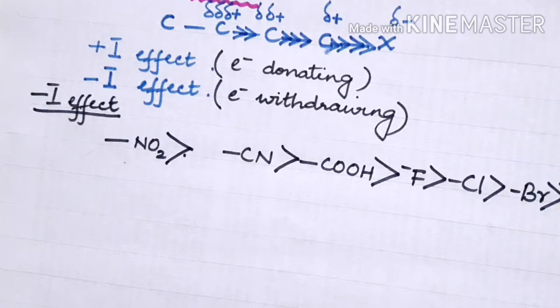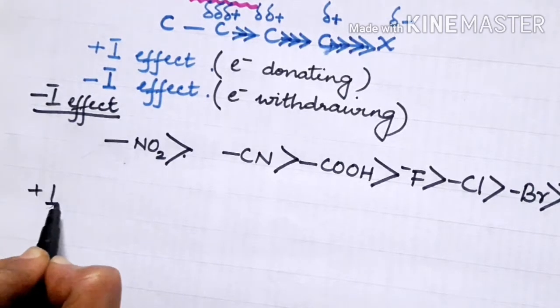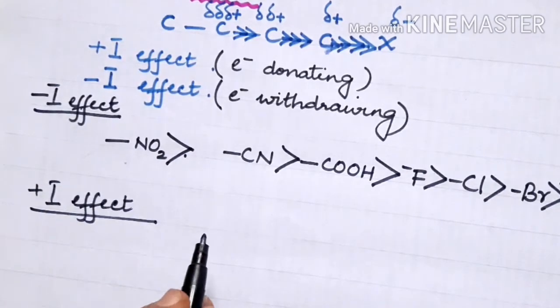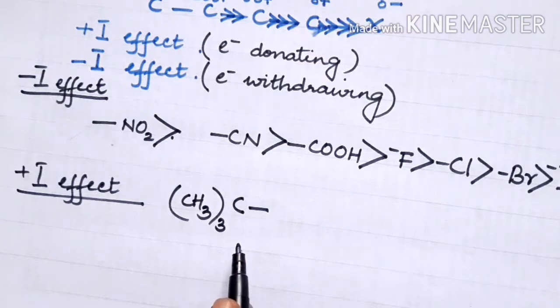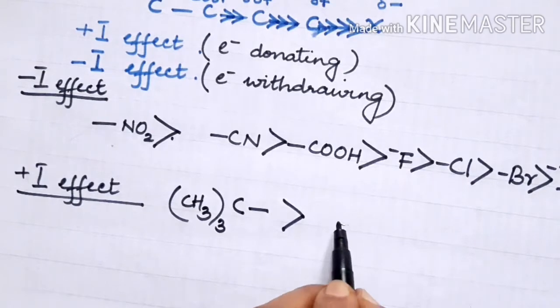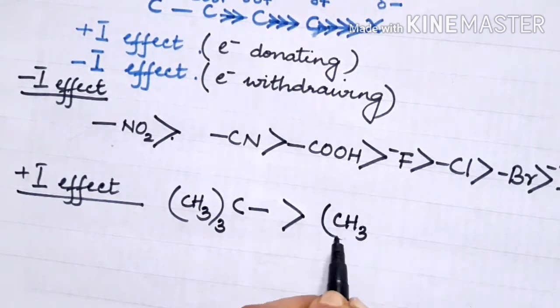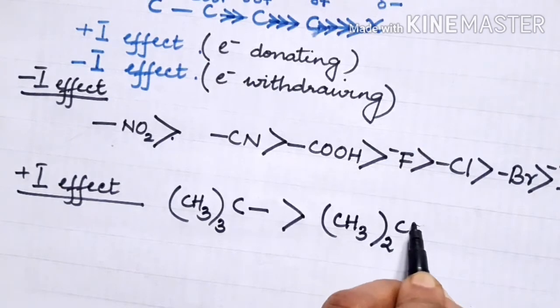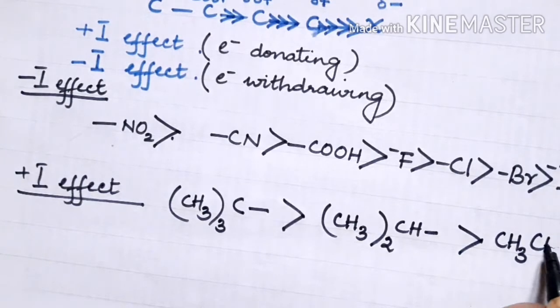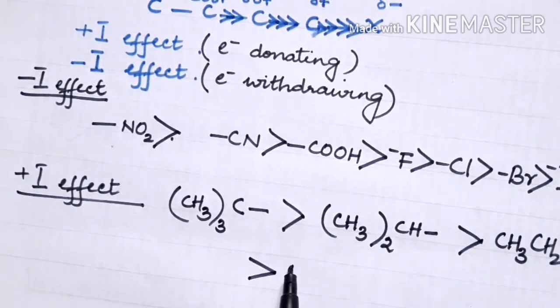If the substituent attached to the end of the carbon chain is electron donating, the effect is known as plus-I effect. Plus-I effect is shown by alkyl groups, and you find that it will be in the order: tertiary butyl group has the maximum donating effect compared to isopropyl group, compared to ethyl group, compared to methyl group, compared to deuterium, and finally hydrogen.